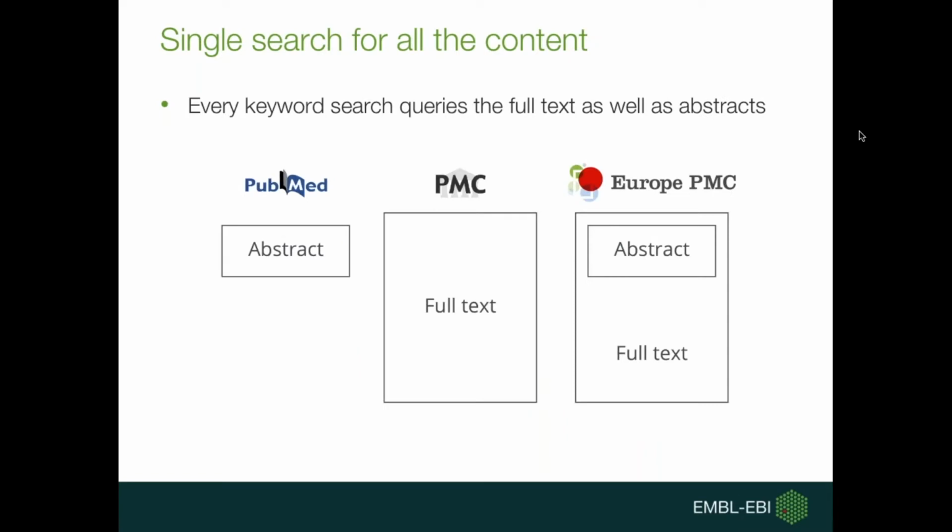Europe PMC was set up in 2007 as a partner in the PubMed Central International Initiative. Together with PMC USA and PMC Canada, it constitutes a network of digital archives for published peer-reviewed biomedical literature. All three organizations share the full-text publications.